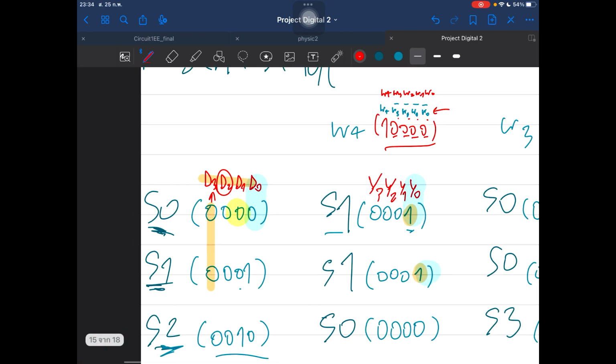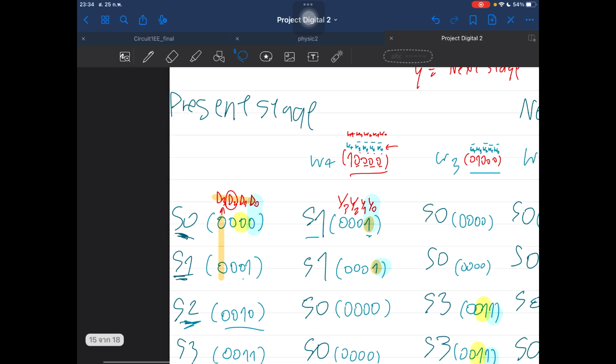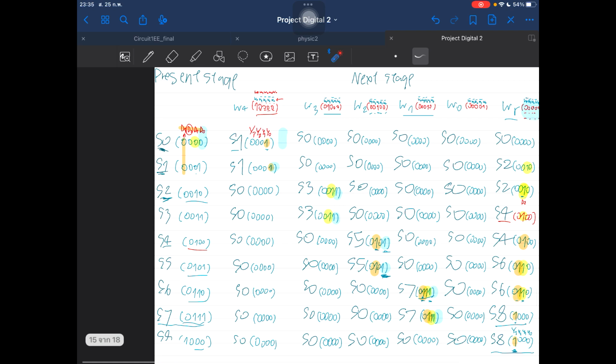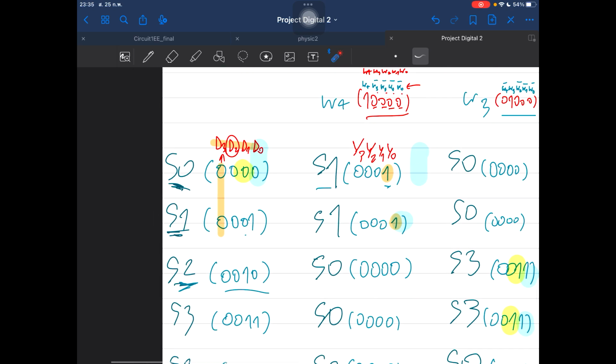And here too. When we have written the names already, in Y3 here, we will use them in the present state to calculate it in the equation. Like this.